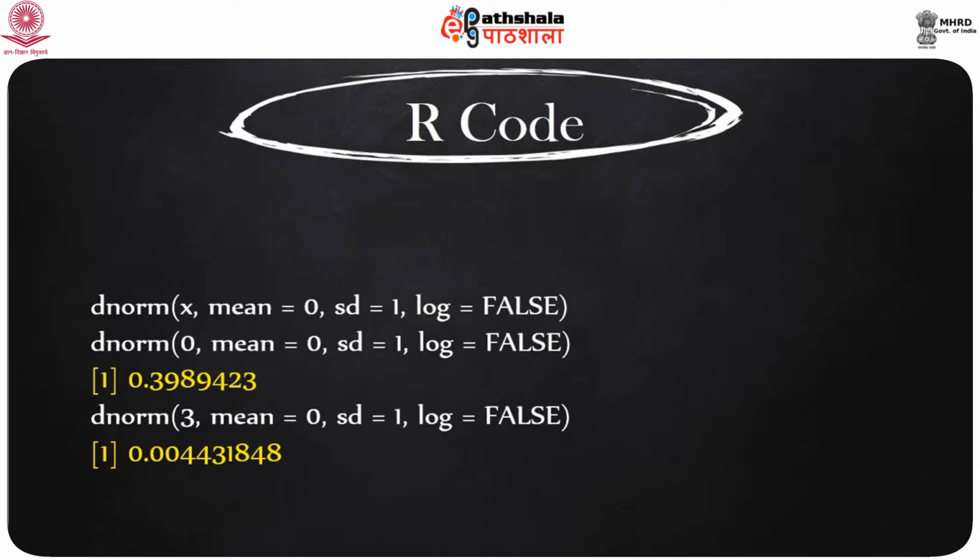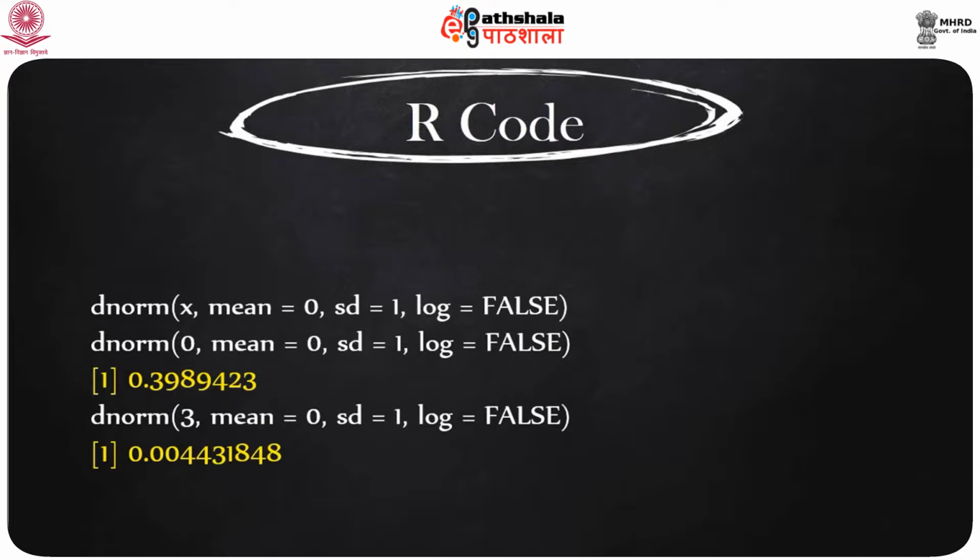Now, look at the arguments of the functions minutely. Let us take up the dnorm function first. Here we need to give x at first. Now, what is this x? This x is the point at which we want to find the probability density. Then the next thing which comes is the specification of the mean and the standard deviation respectively. Here the mean is fixed at 0 and the standard deviation at 1.